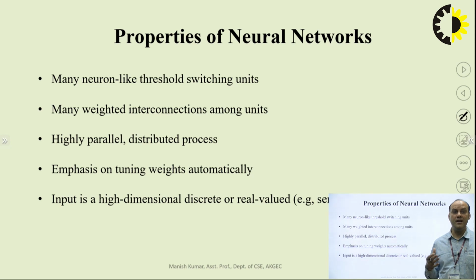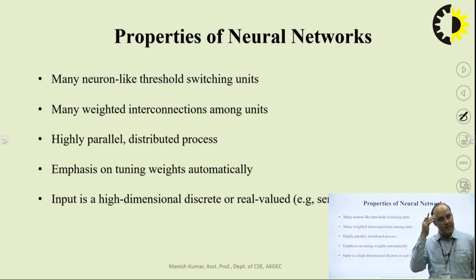They perform highly parallel distributed computing. And we will emphasize tuning. Tuning means that whenever something happens to us, all those events are stored in our brain, in those neurons. Similarly, we will tune our network with the help of some weights. We will see how we assign those weights.